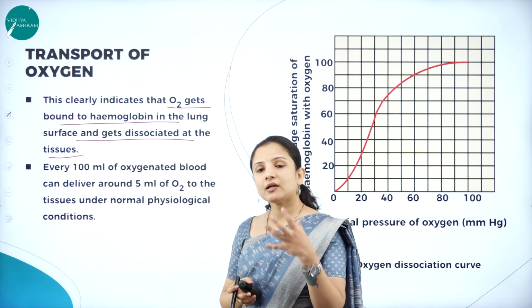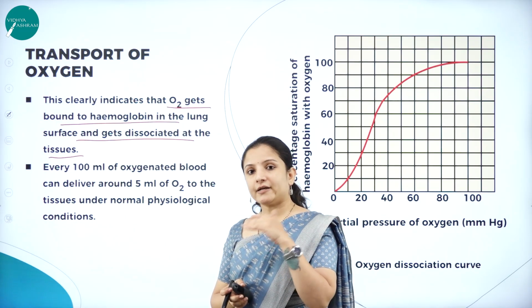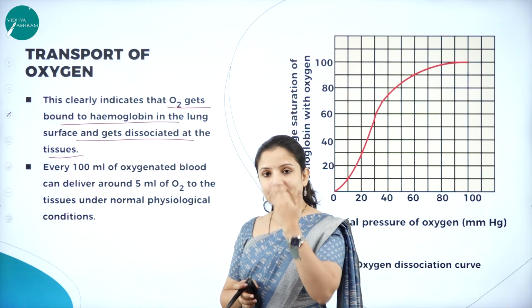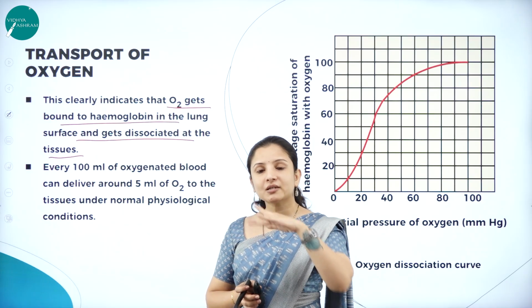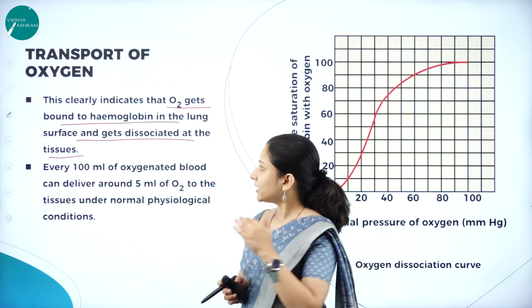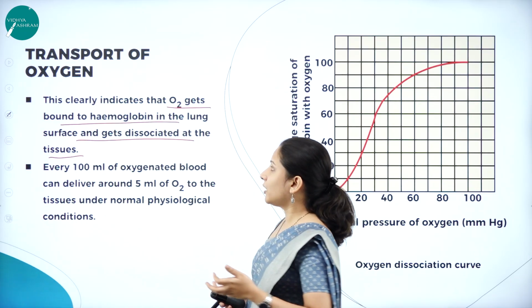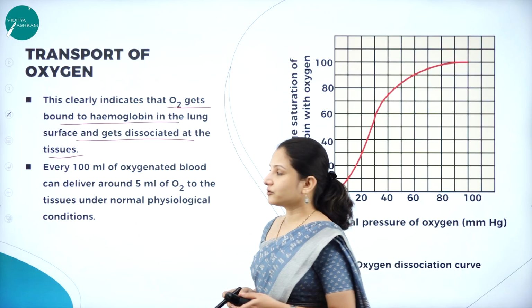In the alveoli all this will take place, then the oxyhemoglobin will enter into the tissues. In the tissues, the oxygen and hemoglobin will get separated. Oxygen will be delivered and the hemoglobin will carry the carbon dioxide back to the alveoli.